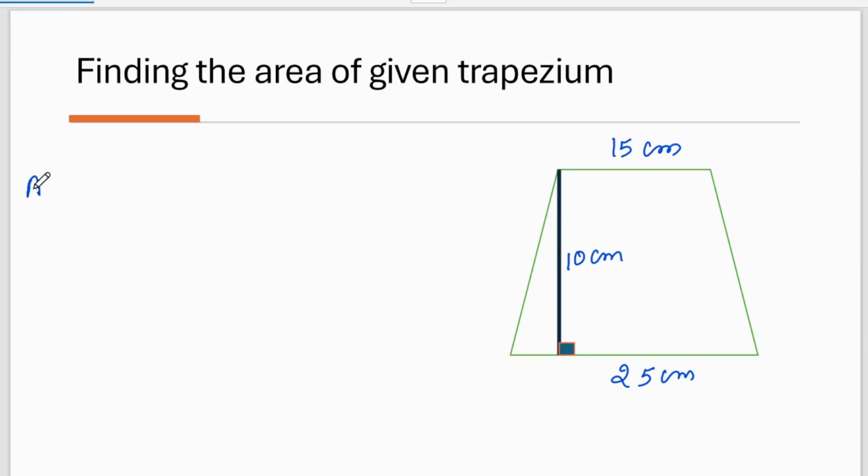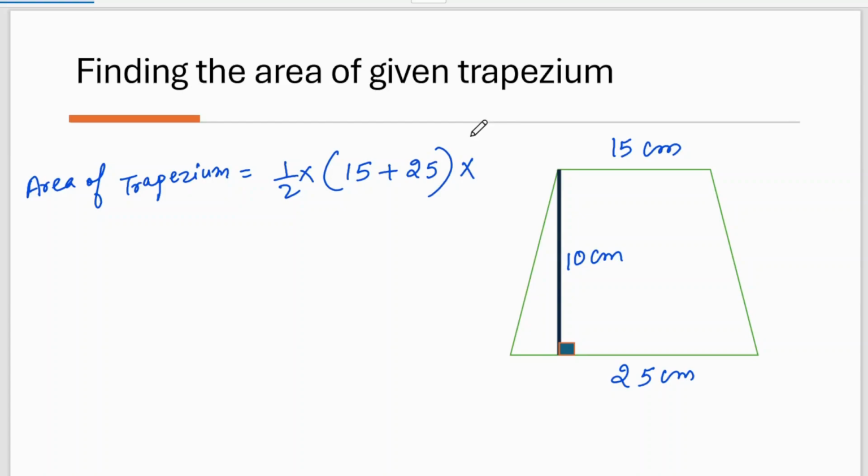I can use the formula: area of trapezium equals half into the sum of parallel sides. One parallel side is 15, another is 25, into the distance between them, the perpendicular height, which is 10 centimeter. So the final answer will be 1 by 2 into 40 into 10, so it is 200 centimeter square.